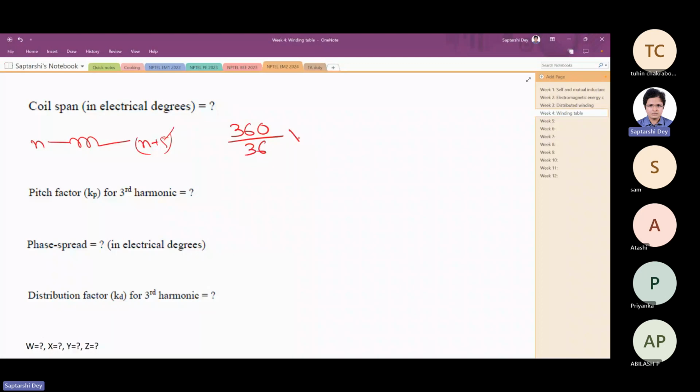Now coil span is 5 slots, so times 5, still in mechanical. So we have theta electrical equals P by 2 times theta mechanical. So multiply with 3, as the number of poles is 6. So whatever you get, 150 degrees electrical.